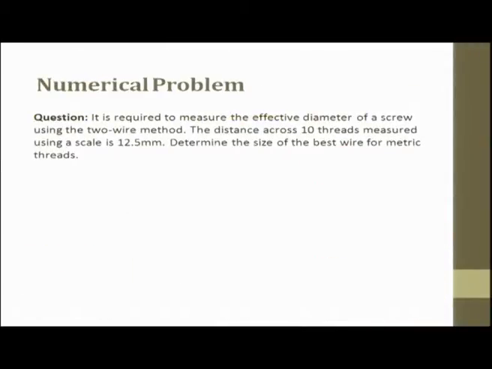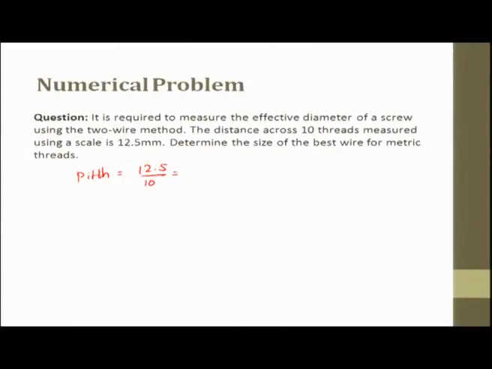Okay. So, we will try to do a problem and then we will proceed. It is required to measure the effective diameter of a screw using a 2-wire method. The distance across 10 threads measured using a scale is 12.5 millimeter. Determine the size of the best wire for metric thread. So, here what was given is the pitch equal to 12.5 millimeter for 10 threads.